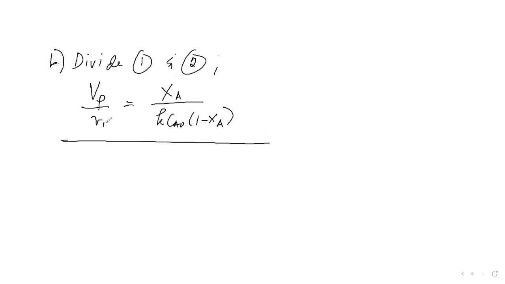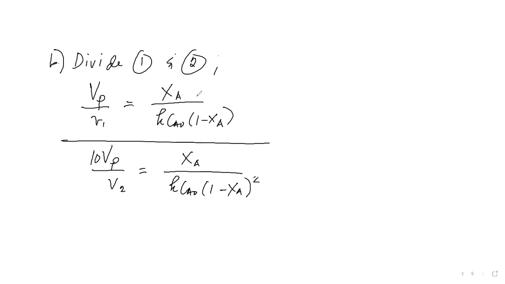And we have for the MFR 10 VP over V2 equal to XA over K CAO (1 minus XA) squared. Okay, so we can now do cancellation.